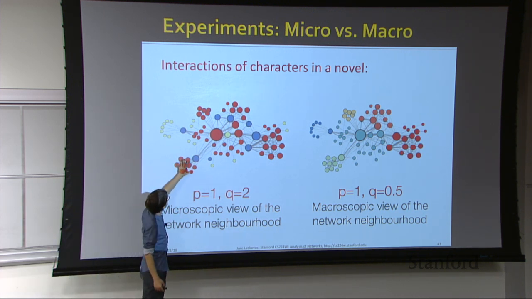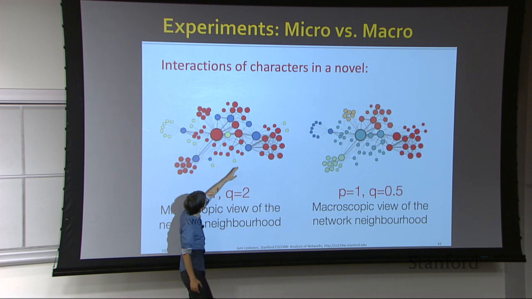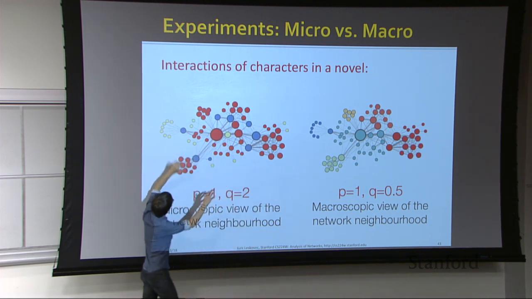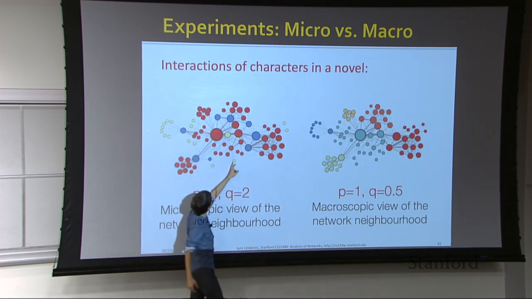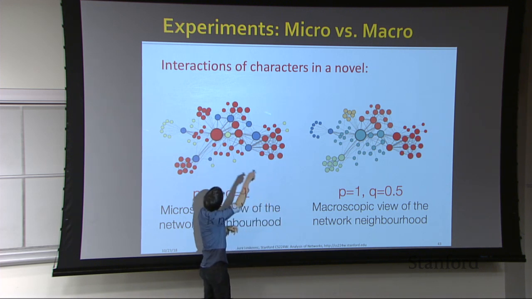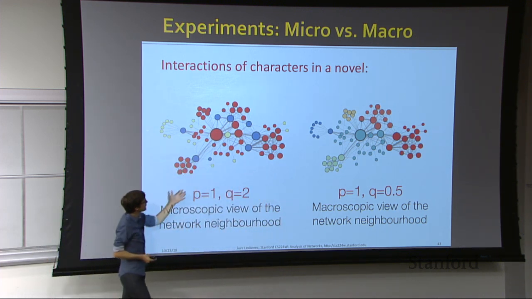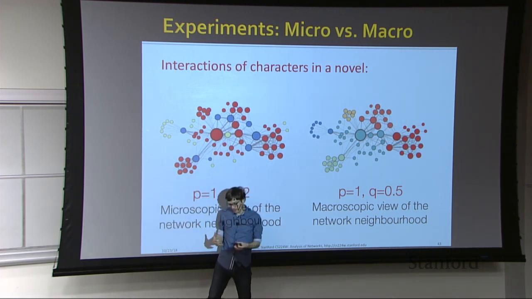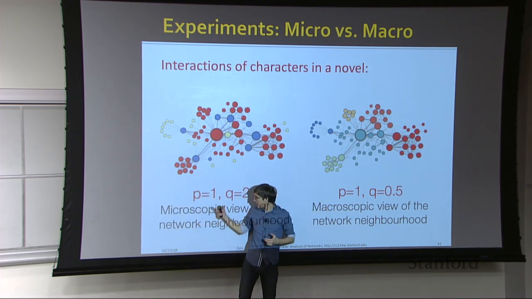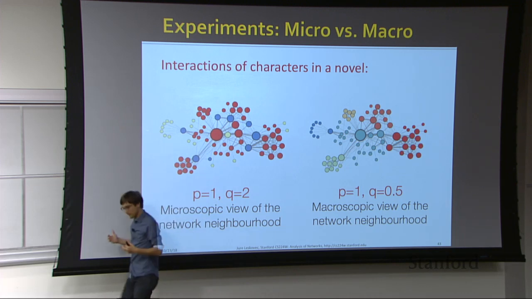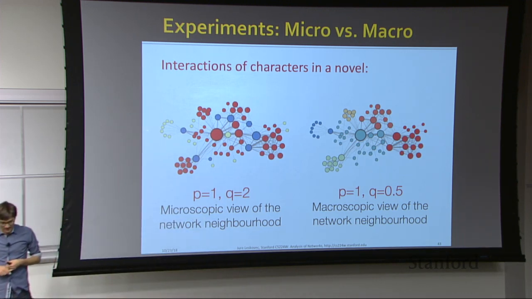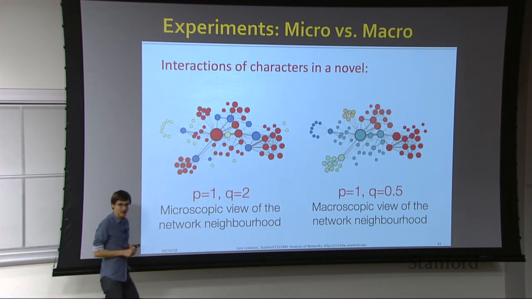You see that, for example, all these blue nodes are somehow connectors between the red nodes. We have these yellow nodes that are just low degree peripheral nodes and so on, right? So we get different types of embeddings depending on how we set these network exploration patterns, or how we initialize the exploration of the network using the random walk.